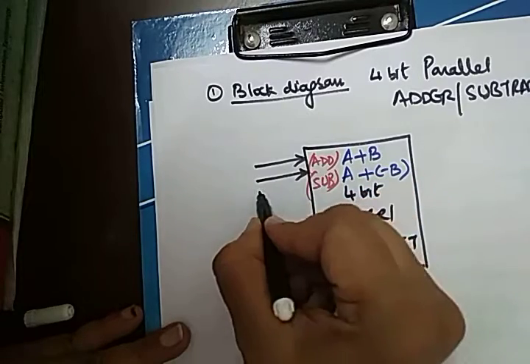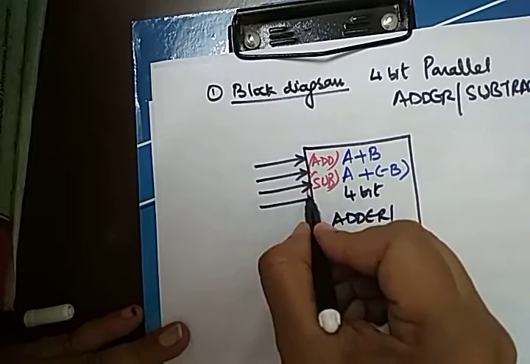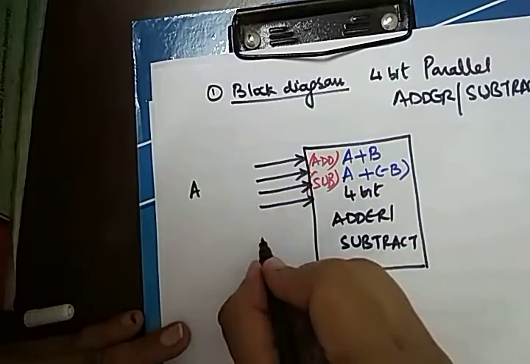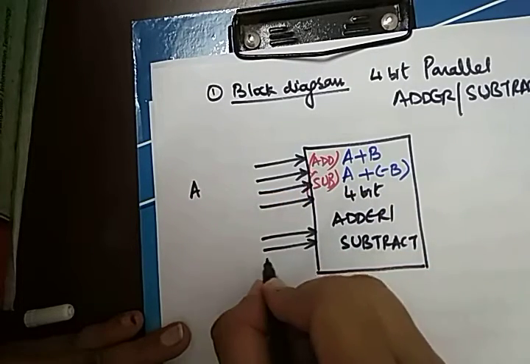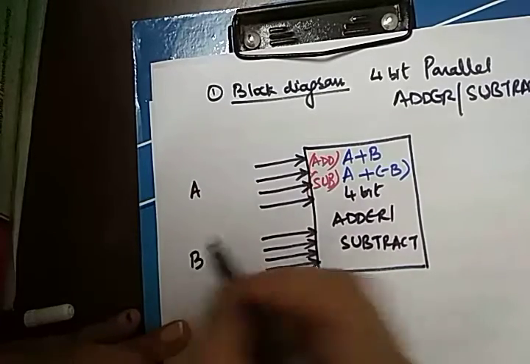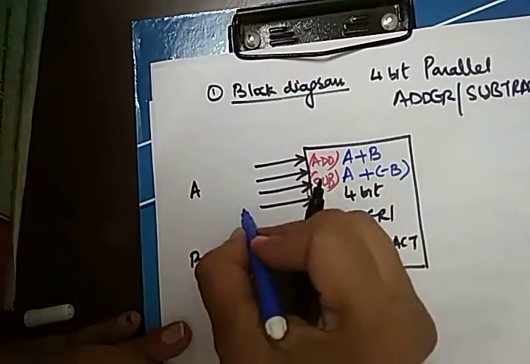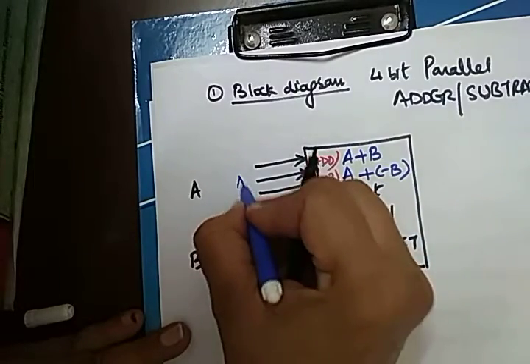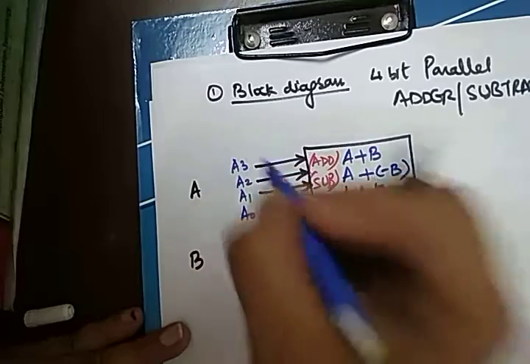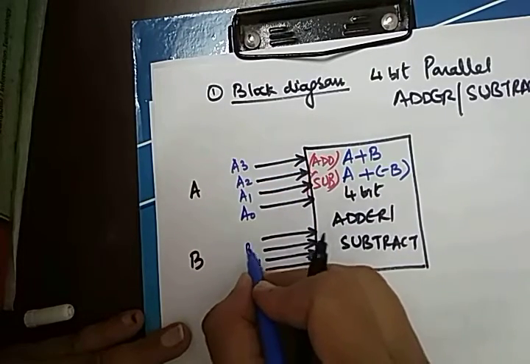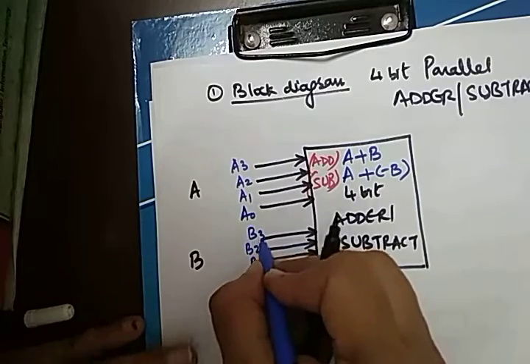As in the parallel adder, the A is a 4-bit number. Similarly, the B is another 4-bit number. If we label these as A0, A1, A2, A3, and B0, B1, B2, B3.